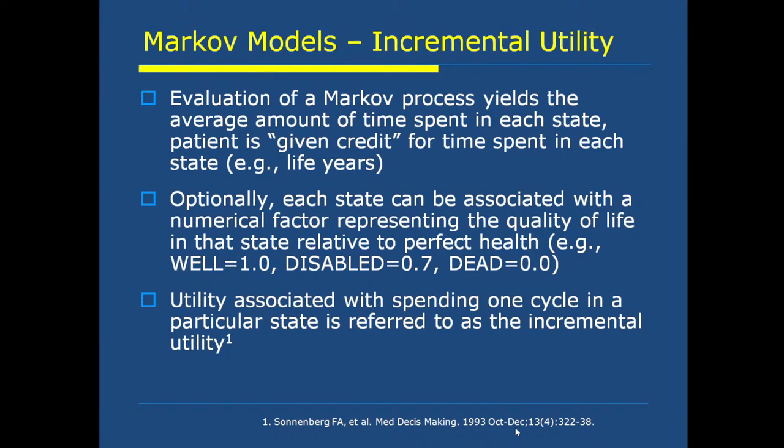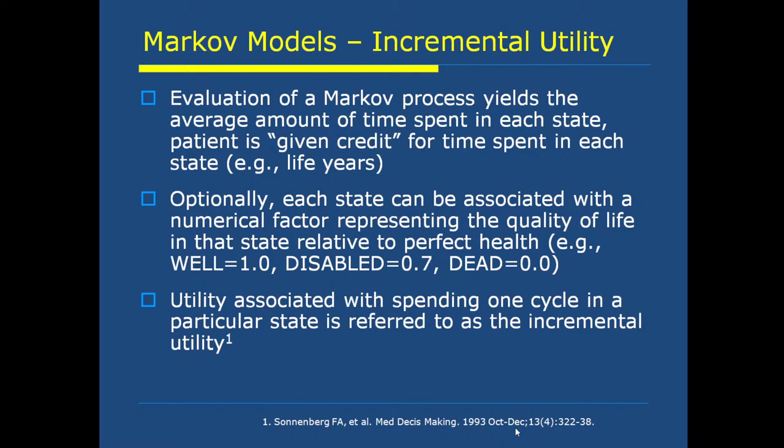Evaluation of a Markov process yields the average amount of time spent in each state. The patient is given credit for time spent in each state in life years. Optionally, each state can be associated with a numerical factor representing the quality of life in that state relative to perfect health.